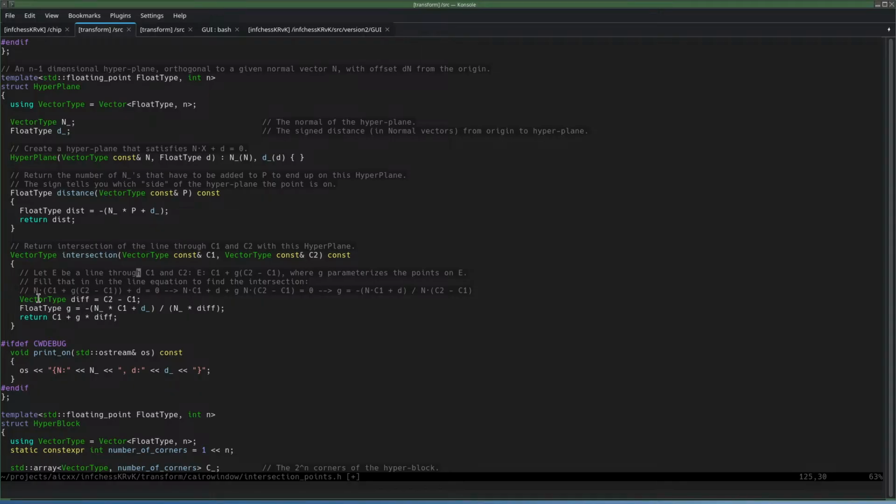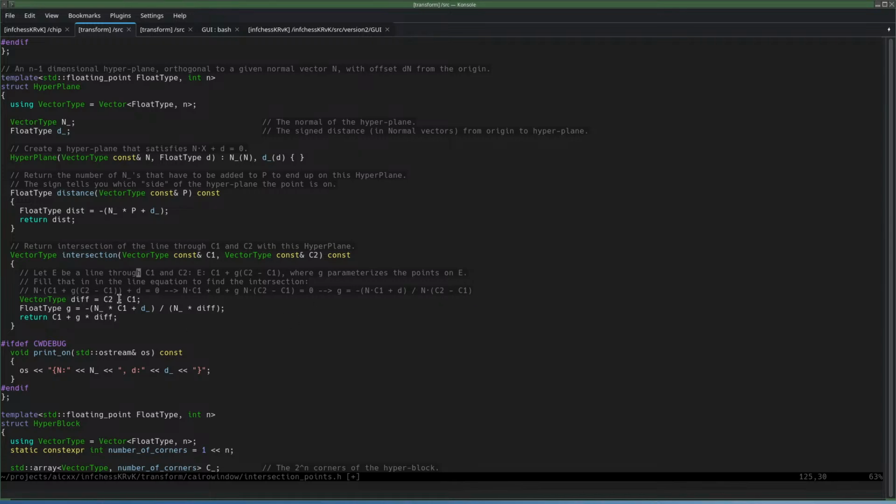So it follows that n dot c1 plus d plus g times n dot c2 minus c1 is 0. From that it follows that g equals minus n dot c1 plus d, divided by n dot c2 minus c1.